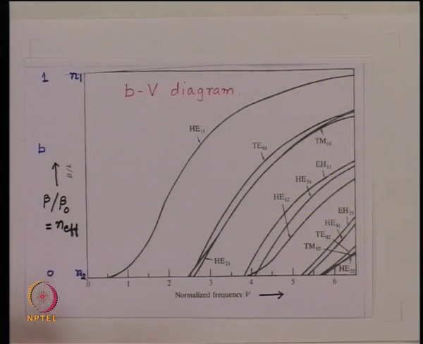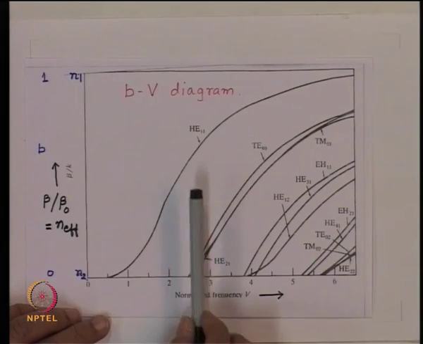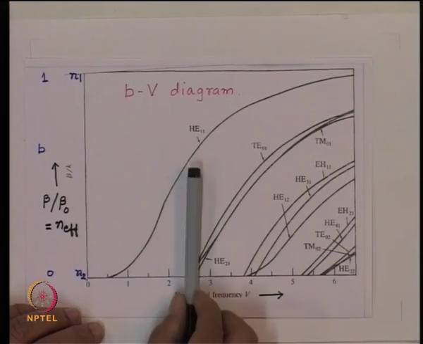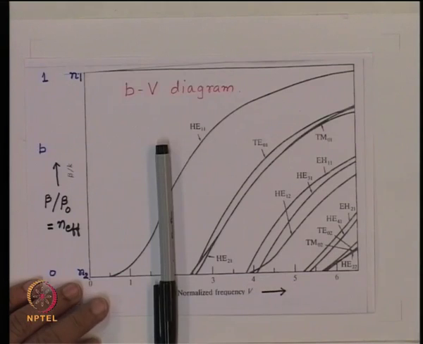So, part of the energy still remains inside the cladding. What that means is that if you want to have a single mode operation on the optical fiber, then since the V number has to be less than 2.4, I have to operate somewhere in this range, somewhere here.